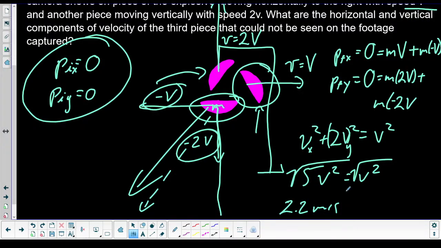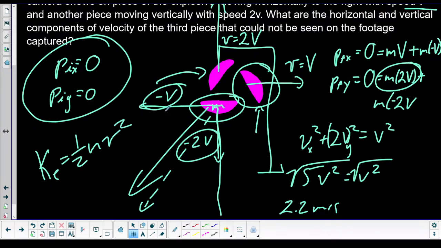Even if it's in terms of m times a number, they might not tell you mass, but they'll probably tell you the velocity. If they ask you whether kinetic energy is conserved, they have to tell you some velocities. And just remember that your kinetic energy is 1/2 mv squared, and then you should be fine. Okay? If you get stuck, we can always go over it in class later.